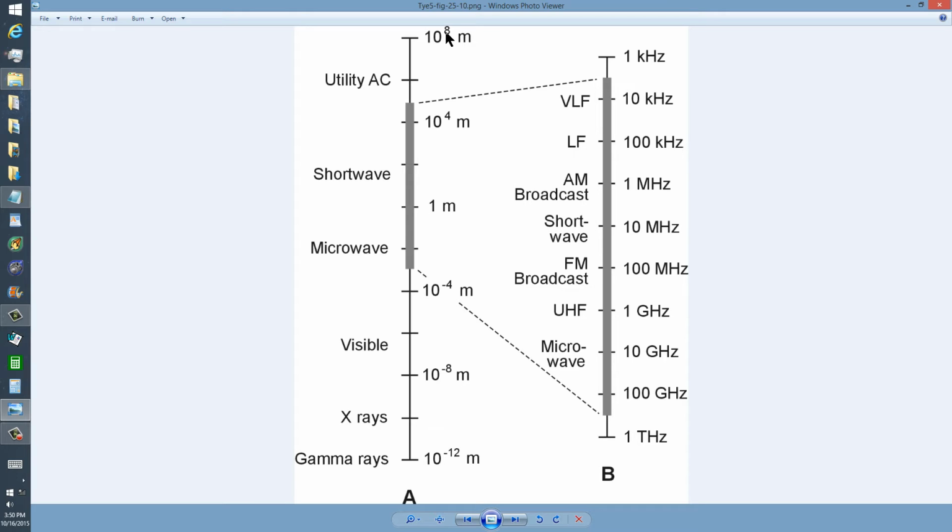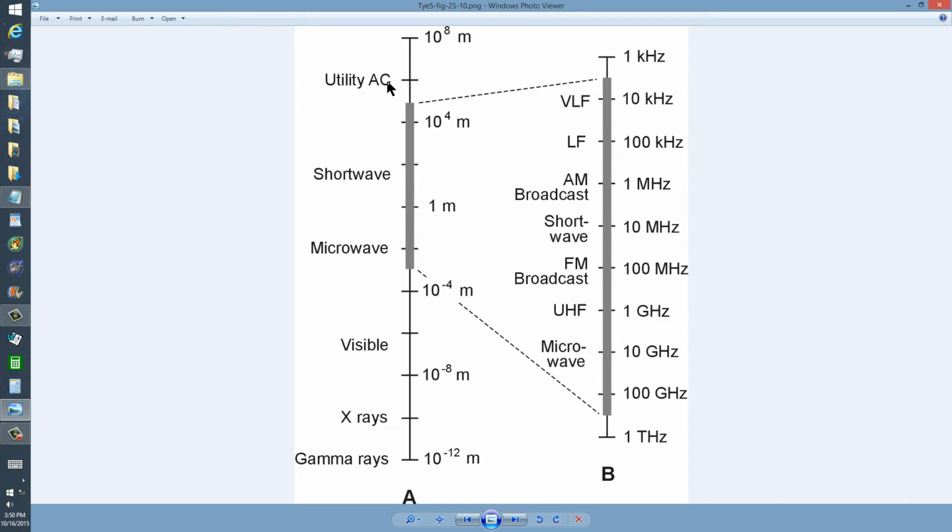Miles, millions of miles, trillions of miles, light years, and they can get as short as you care to imagine. A googolth of a meter, for example. But these are essentially what you will find in the electromagnetic spectrum.